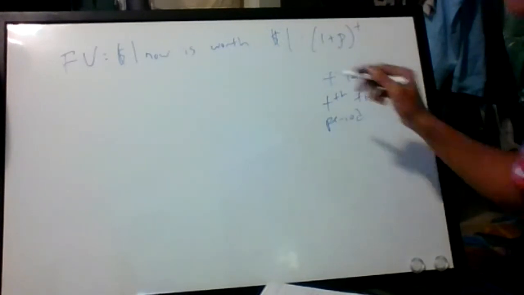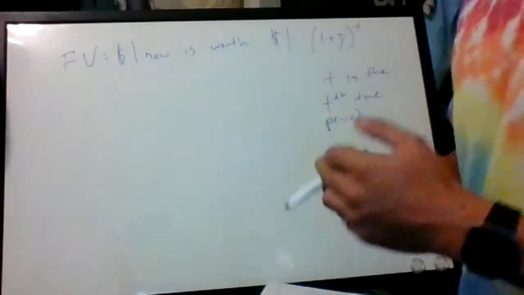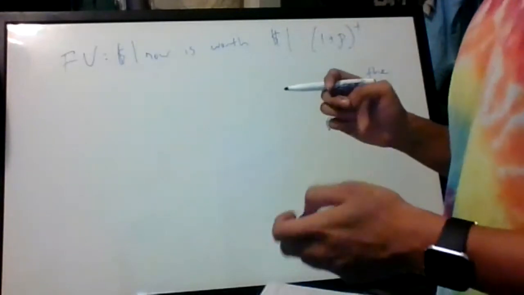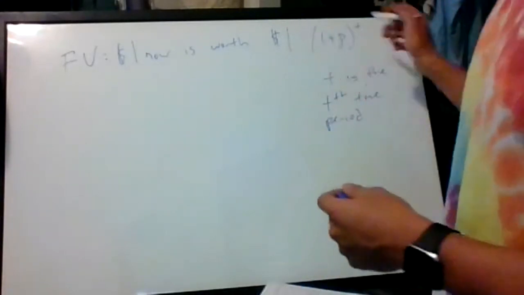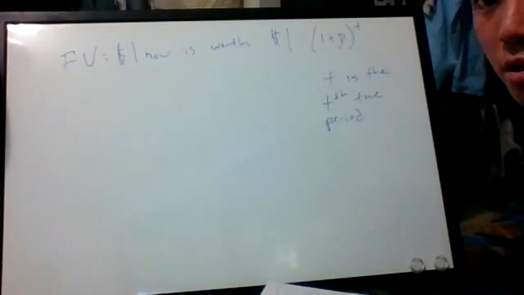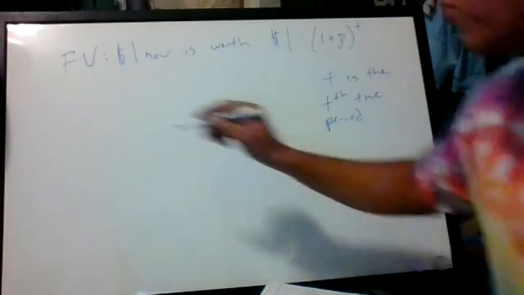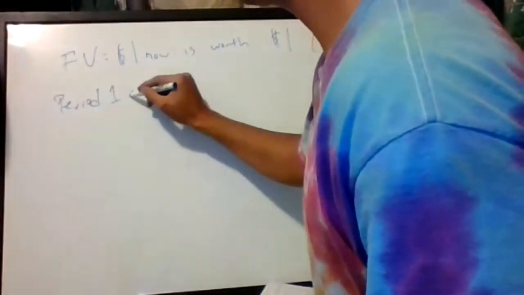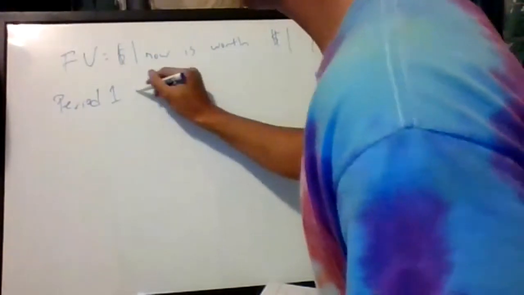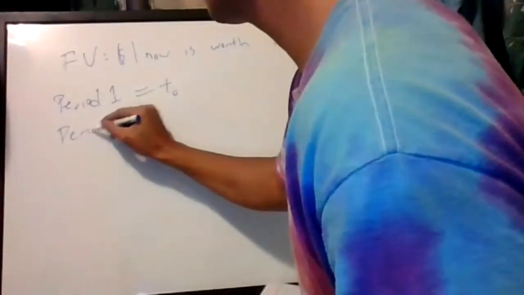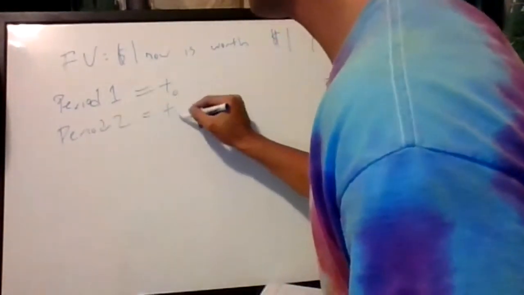But essentially, we're currently working in period 1 and period 2. So what this really is is just an index. I know that it might be a little bit confusing, but period 1 is equal to time period 0, and period 2 is equal to time period 1.